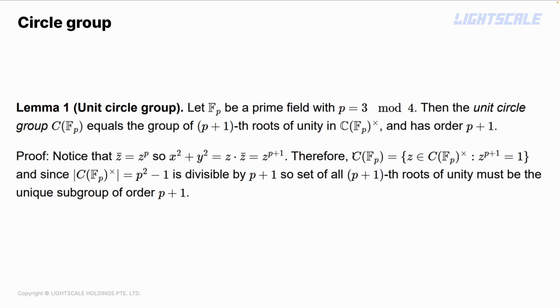But yes, we can just think of this unit circle group as having order p plus 1, which means we will have a good two-adic multiplicity in this group, because this is like 2 to the power of 31.